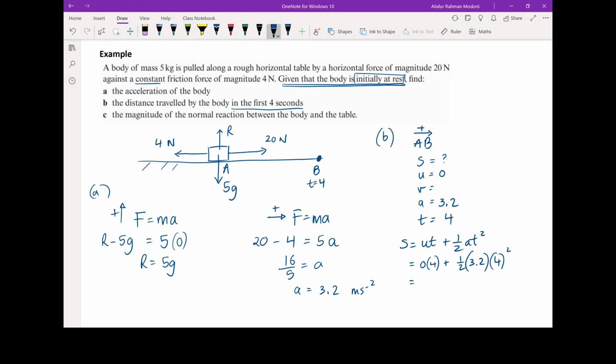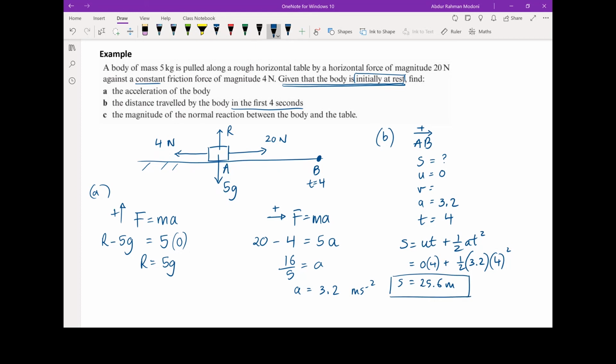And then working this out, we get an answer of 25.6 meters. Let's make sure we've answered the question. It's asking for the distance traveled in the first 4 seconds, and that has answered the question.